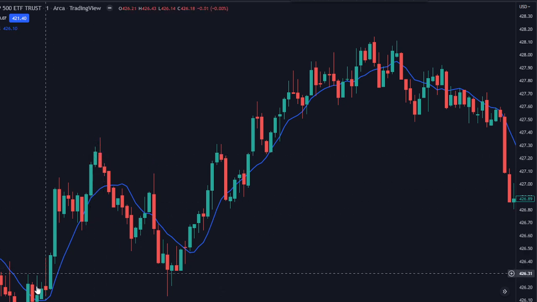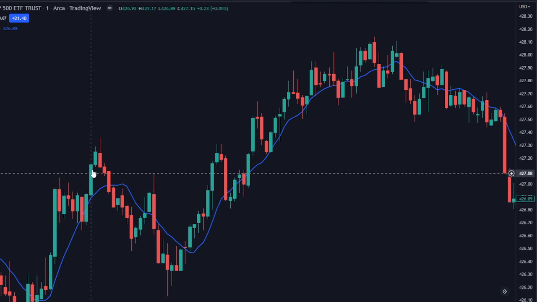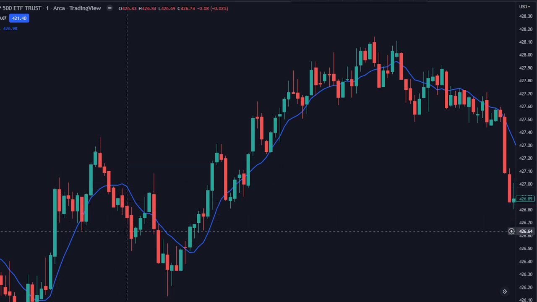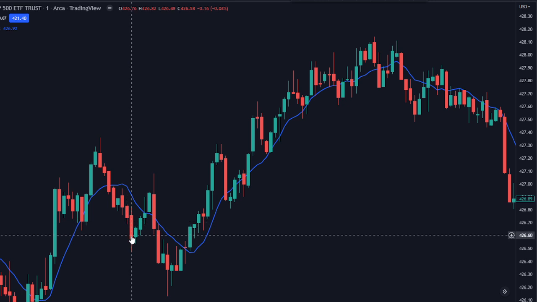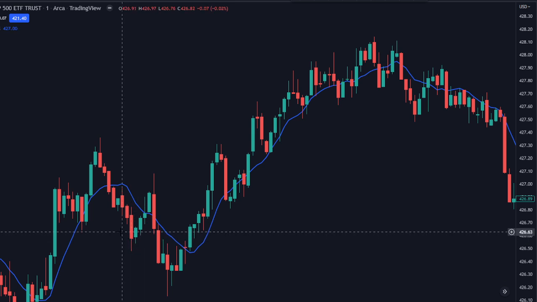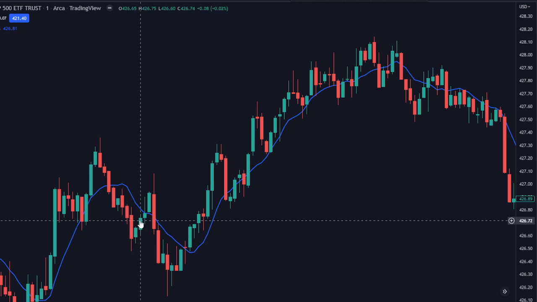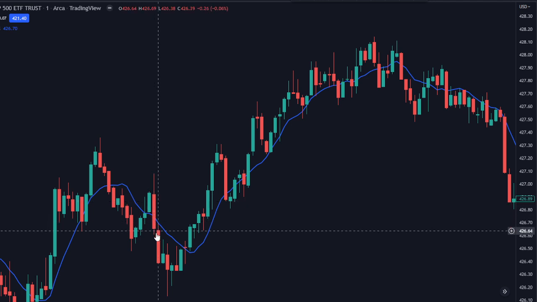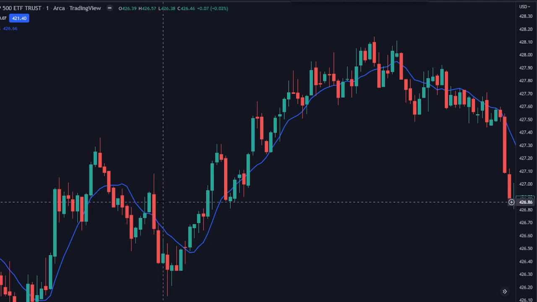So if we started here, we really don't know what kind of swing it is. It's a high. We come down here, we got red candles. I got two green candles, so two candles in the opposite direction. So I count this as a swing low. So we come up here with red, we get two candles in the opposite direction. So I count this as a swing high. It's a lower high.